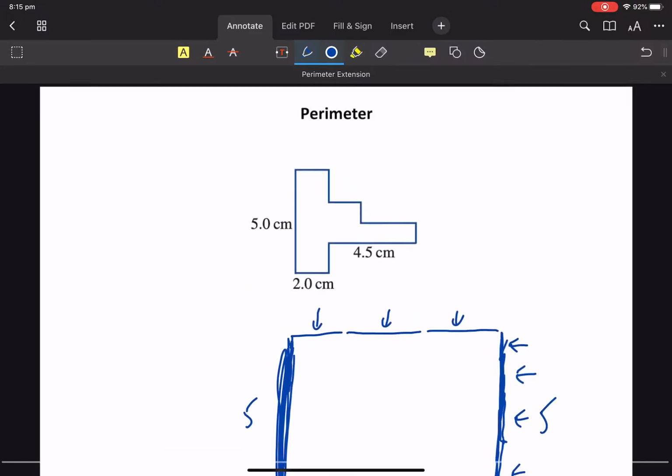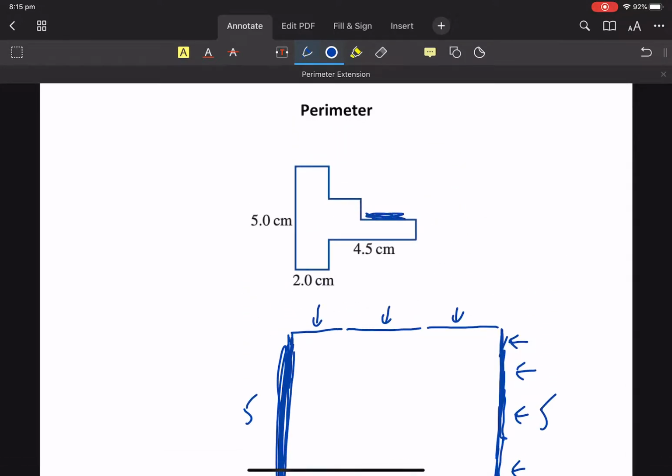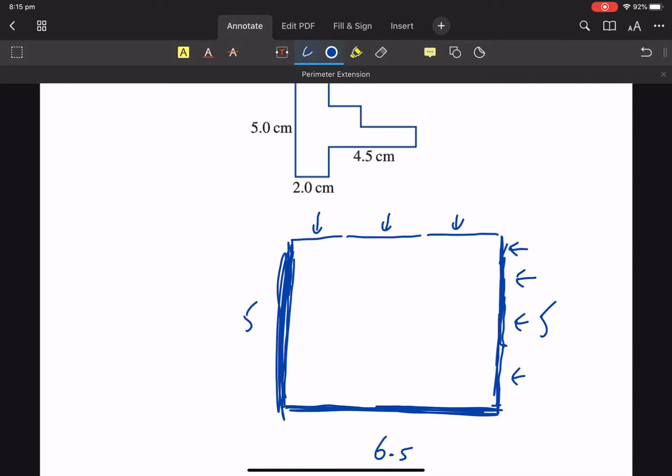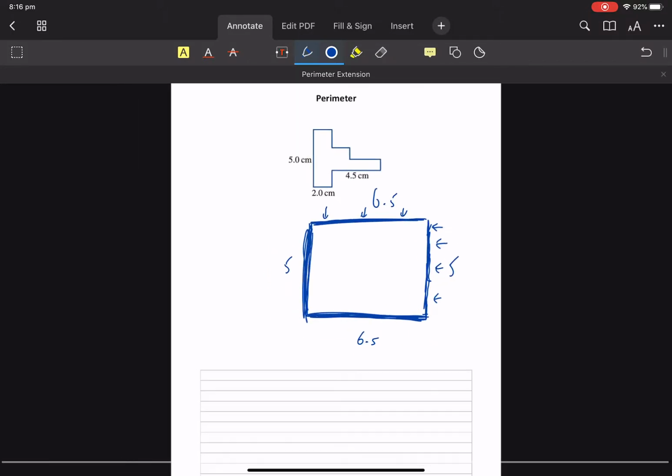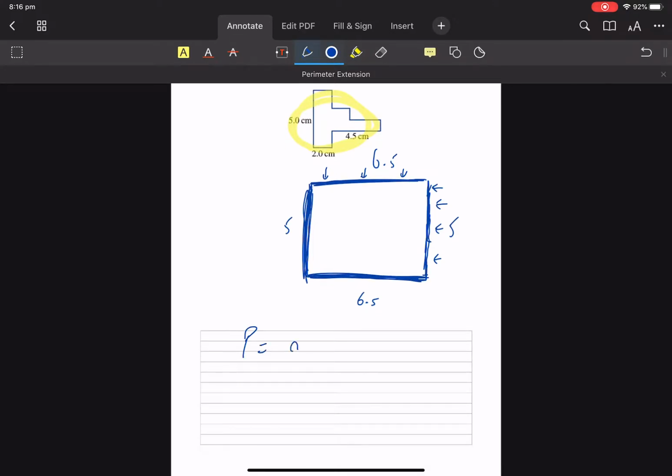Remember, they came from this piece, and this piece, but we moved them. I don't know how long each individual piece is, but I do know that together they must be 6.5.